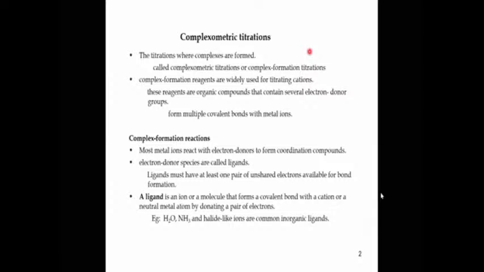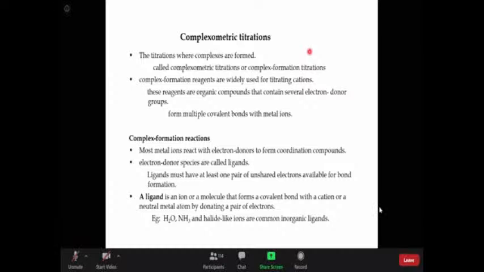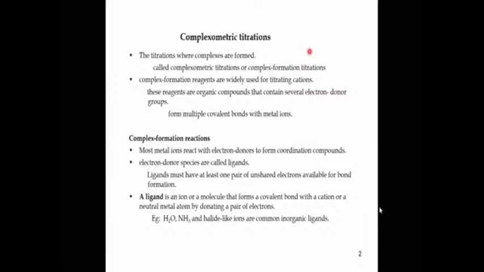You can call them either complexometric titration or complex formation titration. So for the complex formation titration, now you know there should be a reagent. Here the reagent is the complex formation reagent, right? You have in the burette the complex formation reagent.